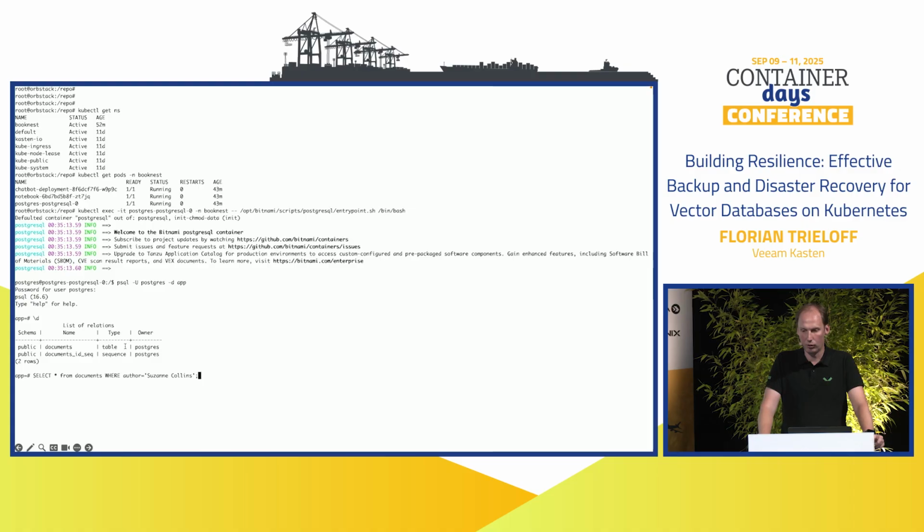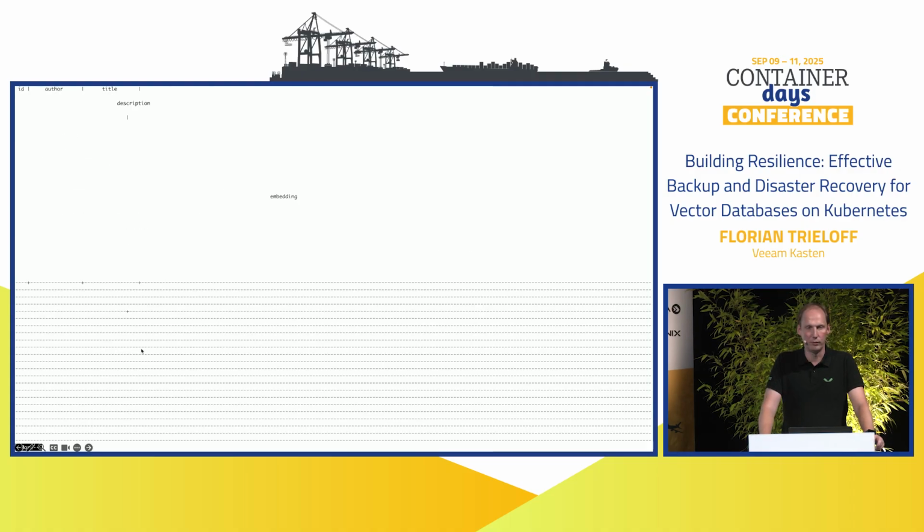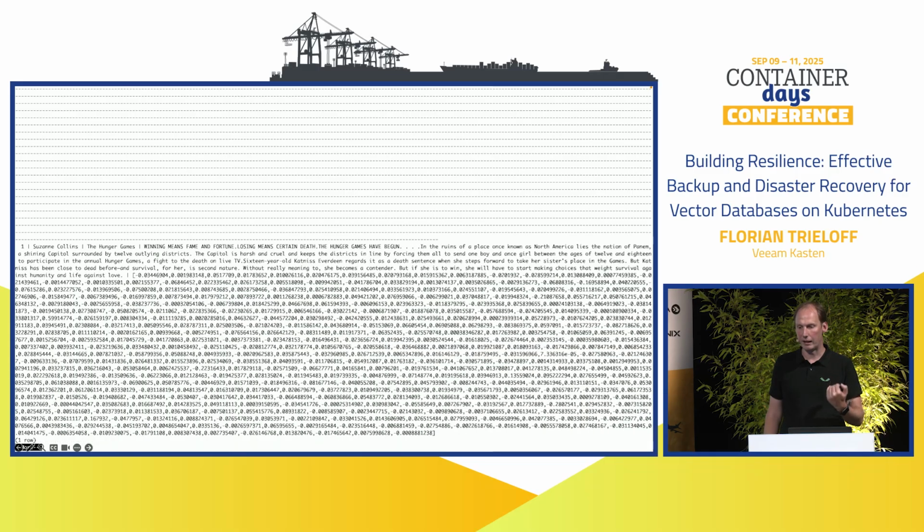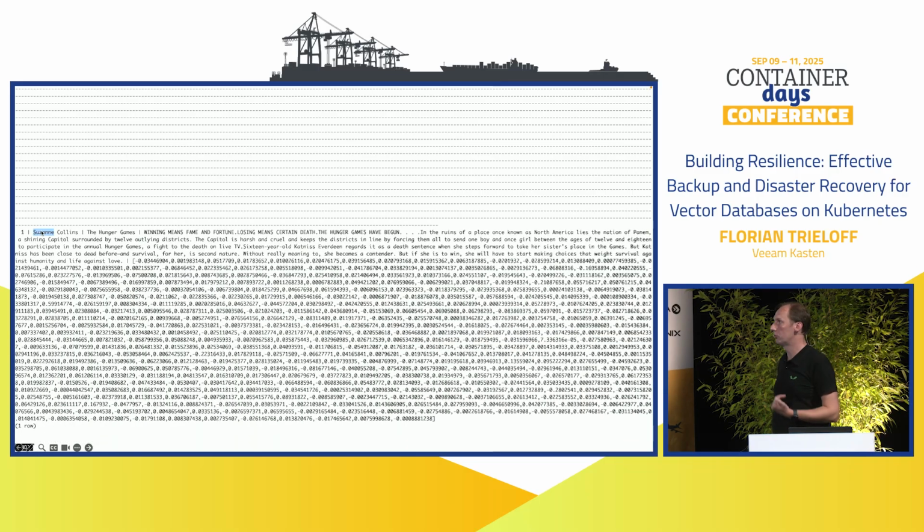If we search inside this table, we will see the data here. We will see the ID, the author, the title, the description, and we will also see the vectors. This embedding here, and we will see the text, and here all the vector information from the indexing.